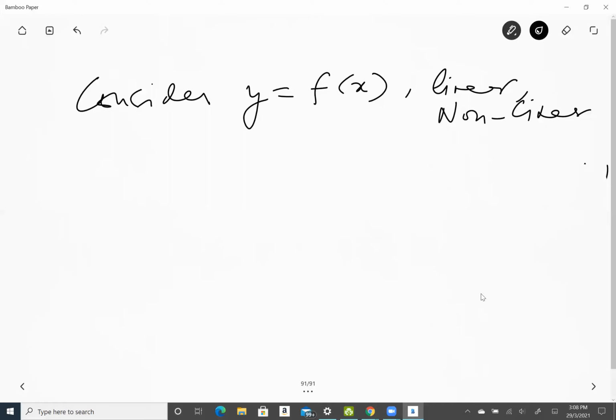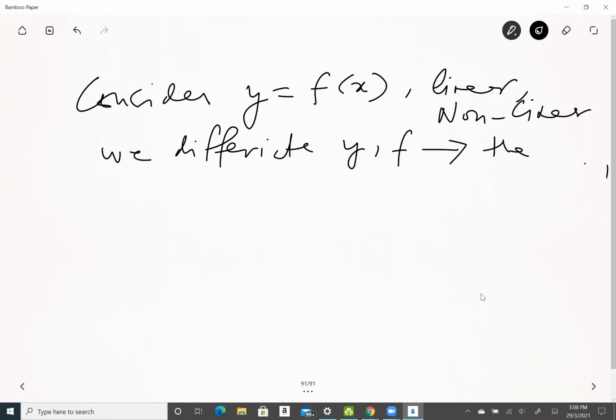If y has a derivative, that means we differentiate f. We differentiate y, or of course, you can also say f. So we differentiate y or f. Then what you get is the derivative of y.